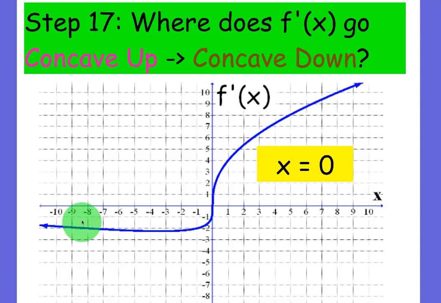So just because f prime of x goes from concave up to concave down doesn't necessarily mean that the derivative graph is going to go from increasing to decreasing continuously. Remember, it has to be continuous. And we can see it's not, because at the change in concavity we have a vertical tangent here. So that's not going to be continuous for the derivative. The derivative won't exist there, so it can't have a relative maximum.